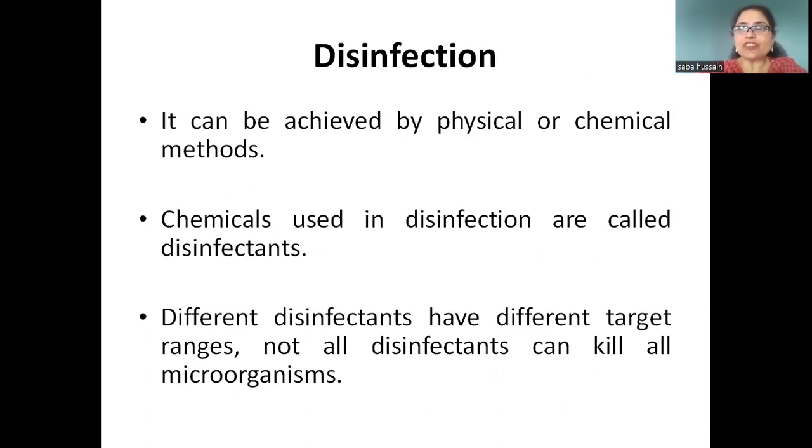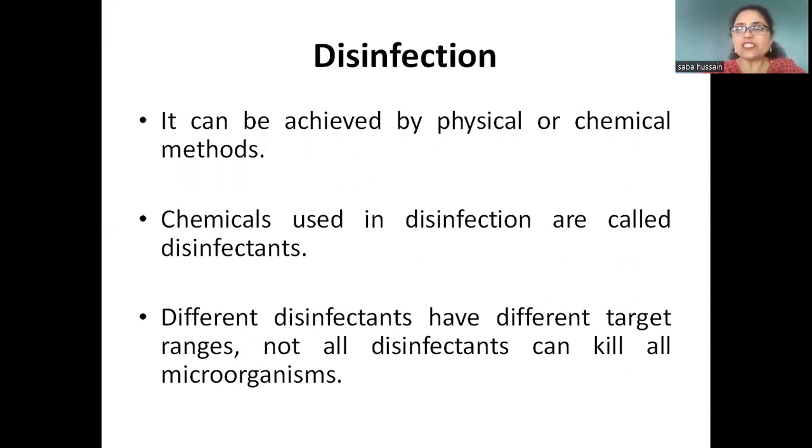So disinfection, I have already defined as the removal of pathogenic microorganisms, usually in their vegetative forms, rarely in spore form too. And it can be achieved by physical or chemical methods. Physical is when we are applying something and separating the microorganisms from the rest of the material, and this is usually done using filters.